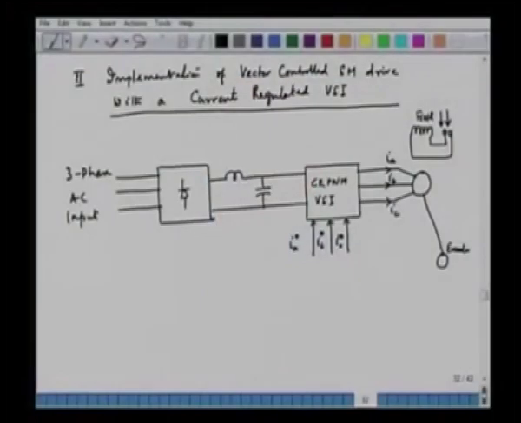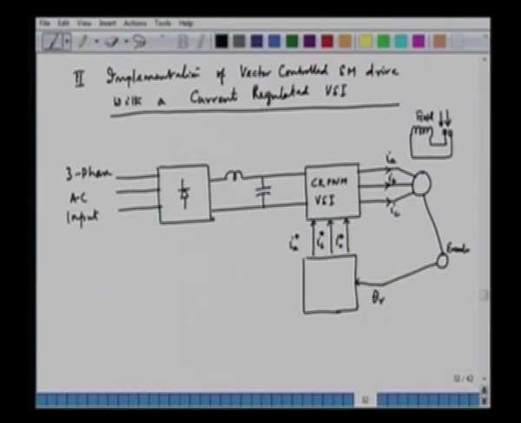So, this IA star, IB star and IC star are obtained by means of a transformation, and the transformation is basically by the rotor angle. So, what we have here is the rotor angle, which is obtained from the encoder. So, we can call that theta, and this rotor angle transforms this IDS and IQS into IA, IB and IC.